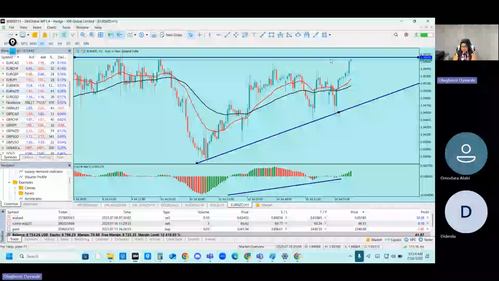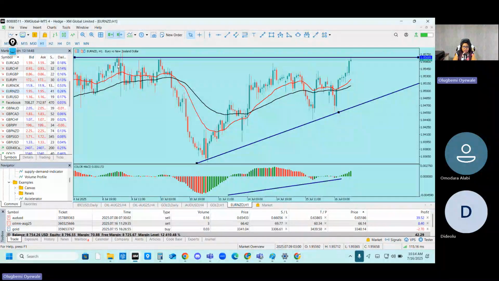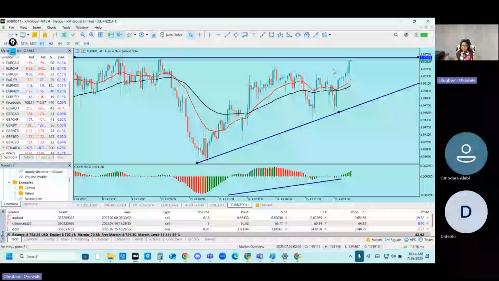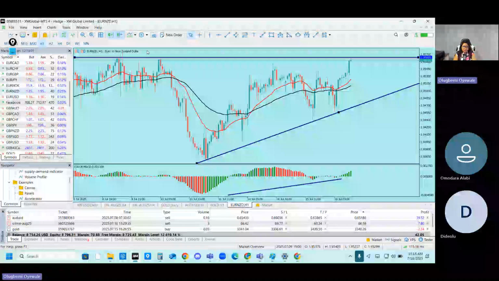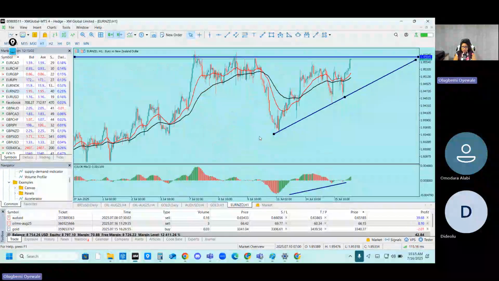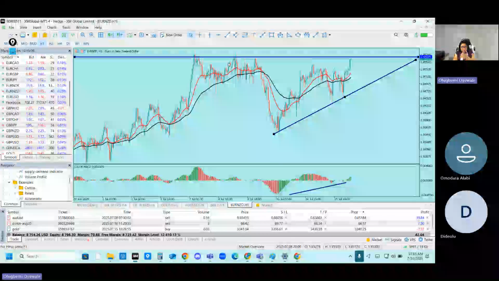So what do I do exactly? Do I want to buy here or do I want to sell? This is now around the resistance. The price doesn't just move one straight way all the way to the upside or straight all the way down. It gets to a level and you just realize that, okay, this trend, for instance, around this level, this is what we call noise in the market.